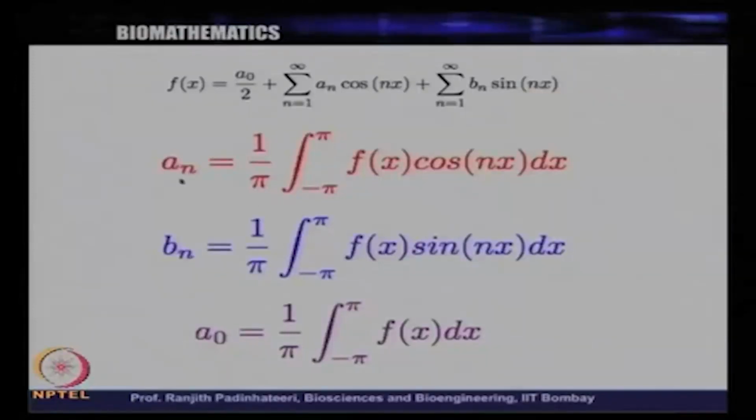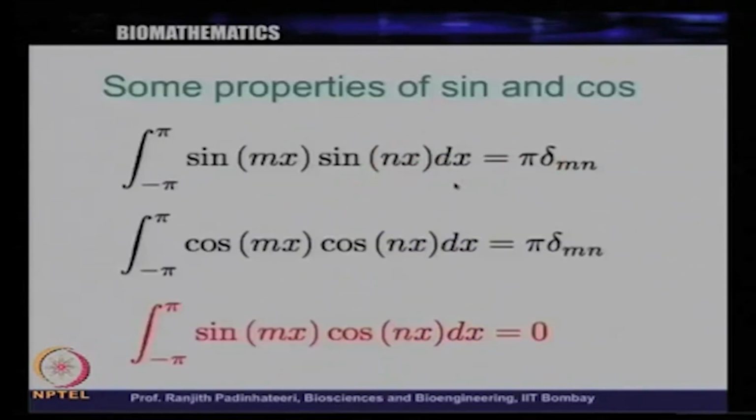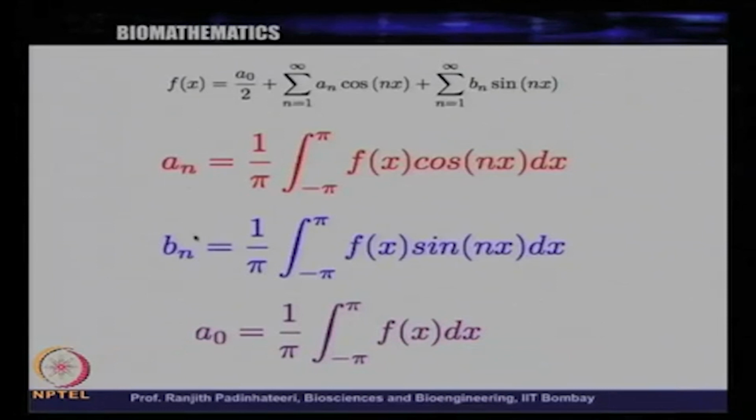Do this yourself: take this result, substitute the right-hand side instead of f(x) here, expand it and use these three properties, and you will see that you indeed get a_n, b_n and a_0.